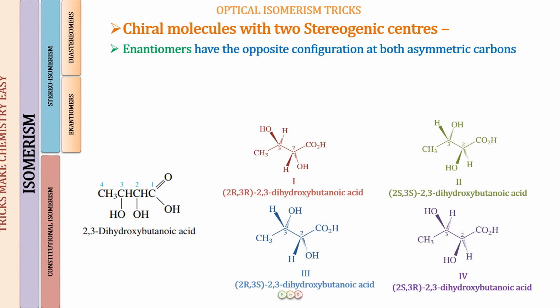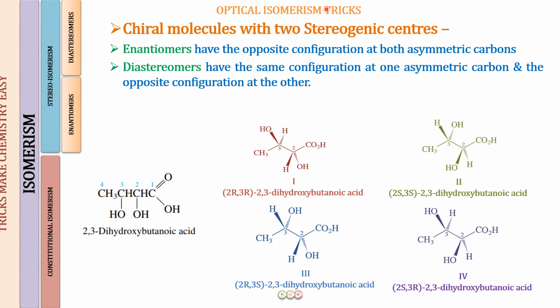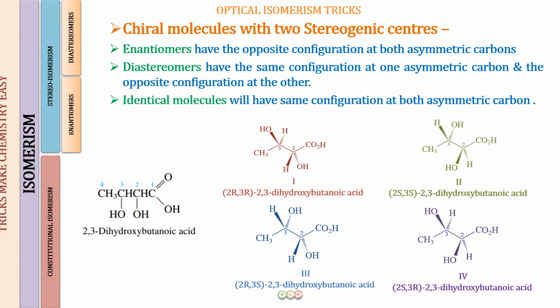Enantiomers, what you have to remember is that they will be having opposite configuration at both asymmetric carbons. The diastereomers will be having same configuration at one of the asymmetric carbons and the opposite configuration at the other. And the identical molecules will be having same configuration at both asymmetric carbons.